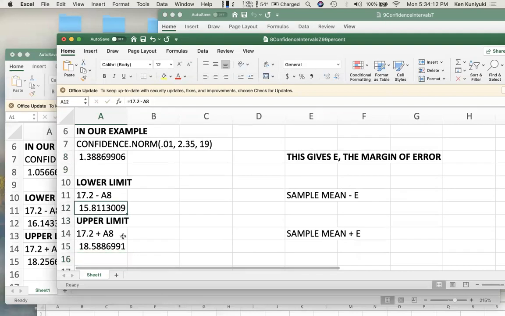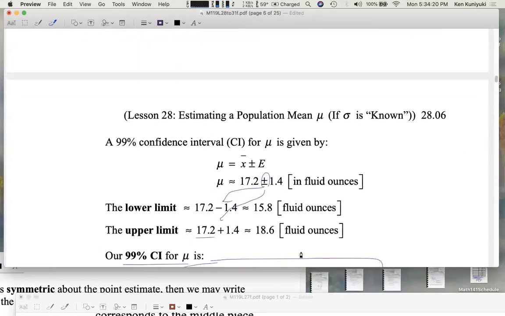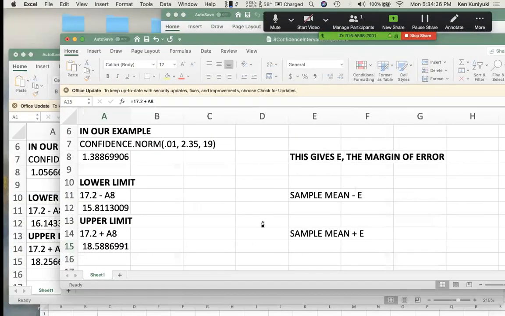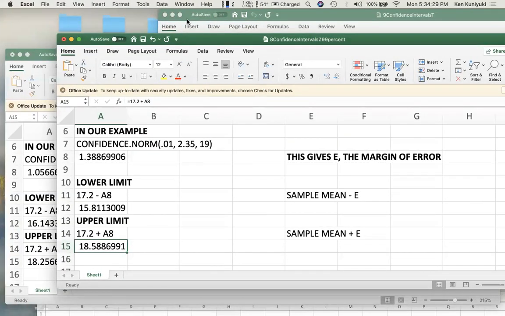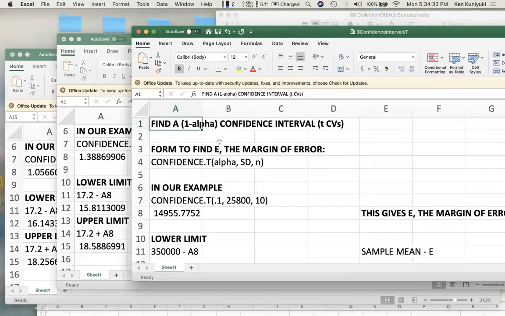And we get from 15.8 to 18.6, whether you round off or out. 15.8 fluid ounces to 18.6 fluid ounces. So we verified that. We'll deal with T distributions later. That's when we don't know sigma. We use s. That'll be later.